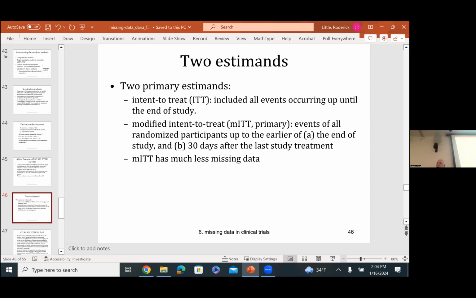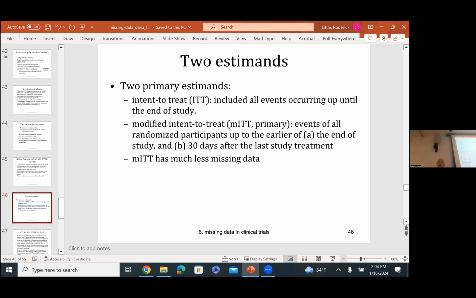There are two primary estimands: intention to treat, including all events occurring up until the end of the study, or modified intention to treat, where they only looked at events that happened before the end of the study or 30 days after the last study treatment, so 30 days after treatment discontinuation.